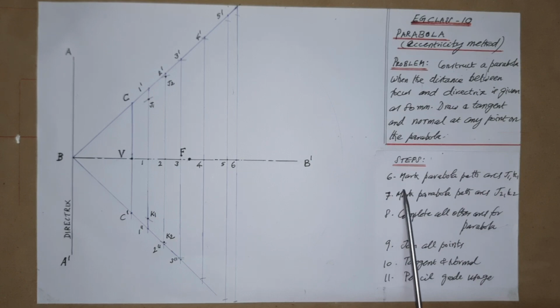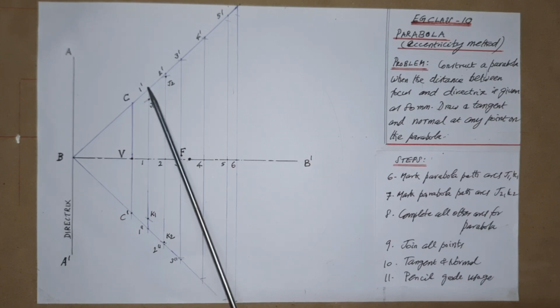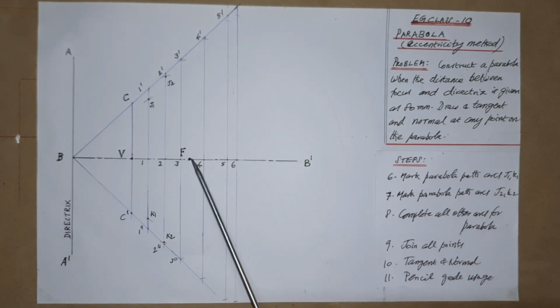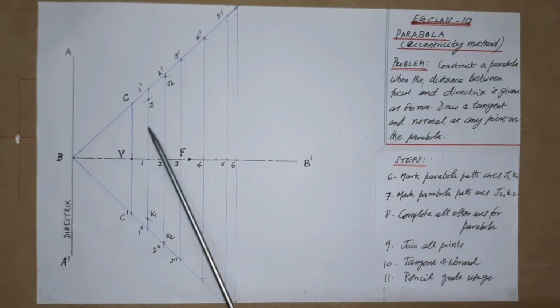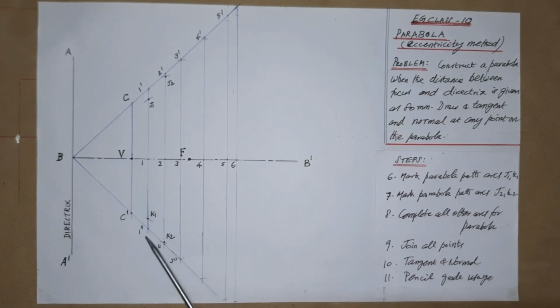Next, as per step 6, mark parabola path arcs J1 and K1. That is, the parabola path finding points are to be marked. For this, first take 1 dash distance in the compass and mark the arcs from focus F on the 1 dash line, 1 arc, and on the 1 double dash line, another arc on the vertical line, and mark them as J1 and K1.